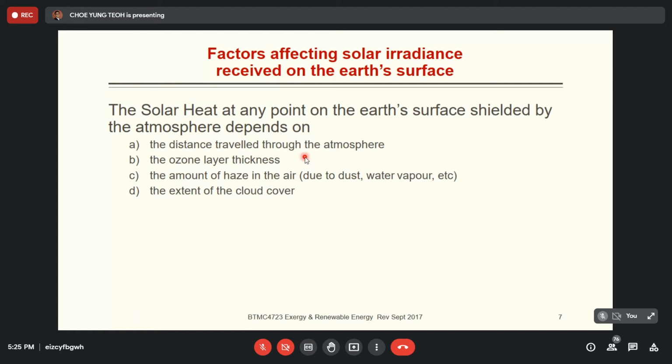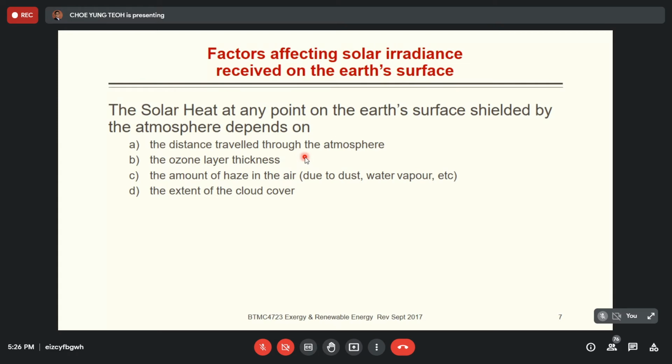Is it because the sun is getting closer to us at solar noon? No. The distance between the sun and Earth is the same for the entire day. But why do you receive a different amount of sunlight? In the morning, I feel like, hey, the sunlight is not very strong. It's still okay, I go outside. But at noontime, wow, very, very hot. This is because the distance traveled through the atmosphere is different.